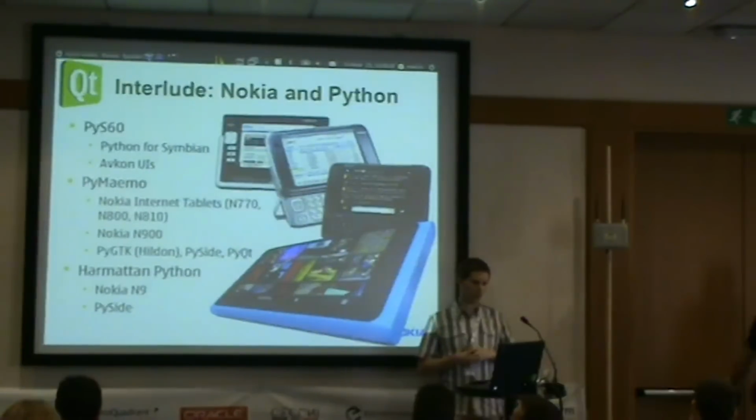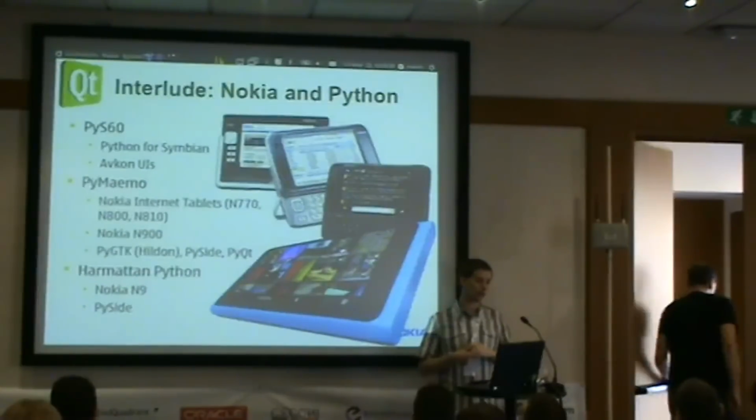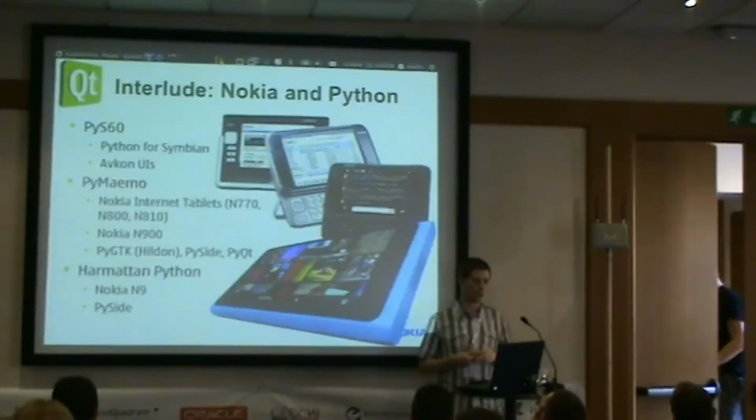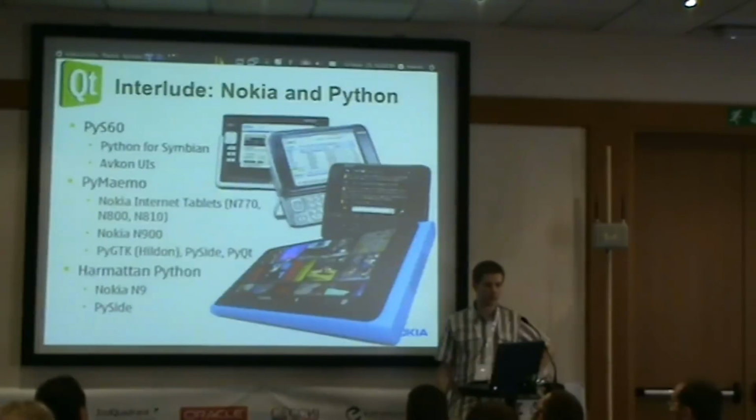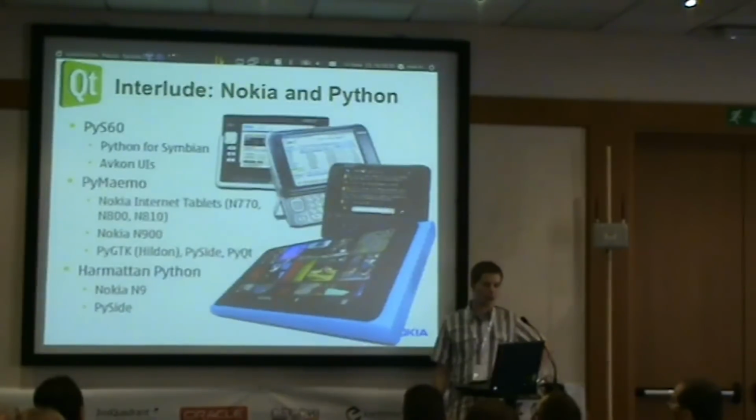It got some reasonable use and popularity, but then maybe more interestingly, there have been these Nokia Internet tablet devices, and then as a continuation to them, the Nokia N900 phone, which was released in 2009, and there was almost from the beginning the PyMaemo project, which provided a good Python environment for those devices.